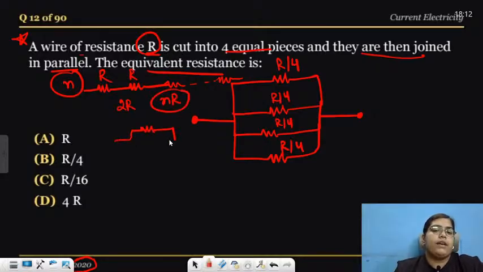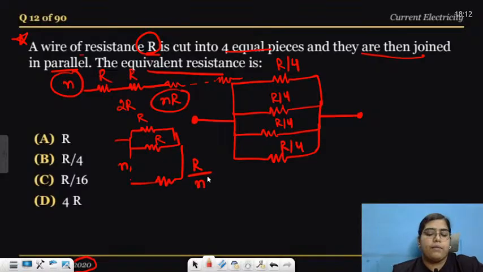Similarly, if the resistance of each resistor is capital R and I have n such resistors connected in parallel, then the total resistance becomes R by n. For competitive exams, you should remember the short tricks, the shortcuts, the short formulas. So the formula for parallel becomes R by n.